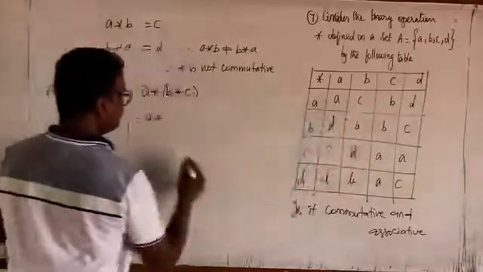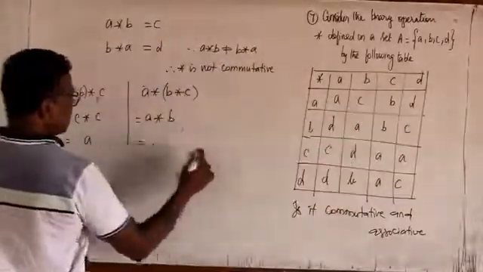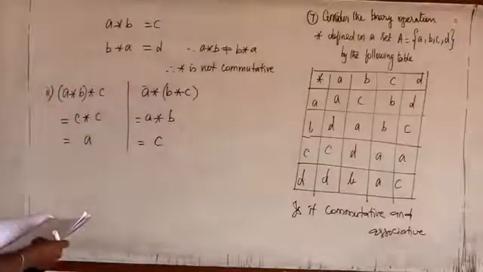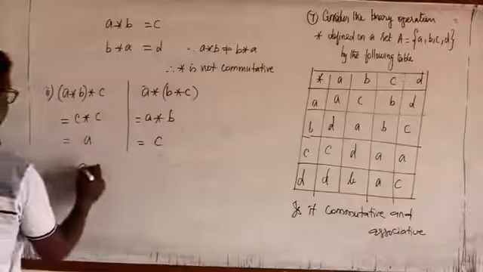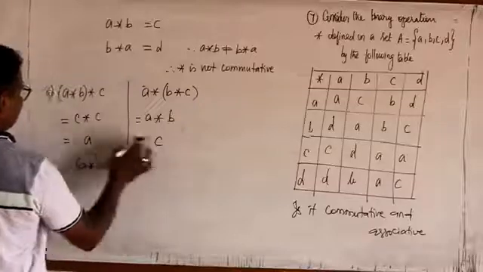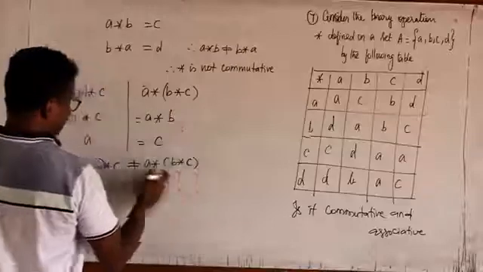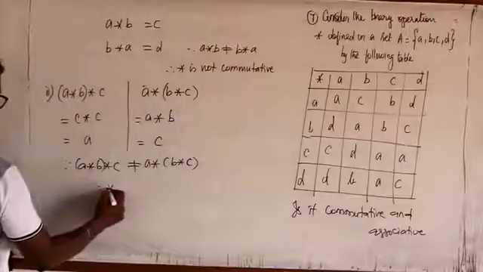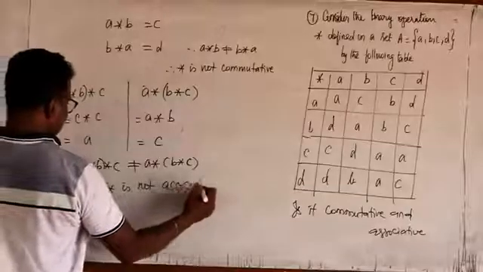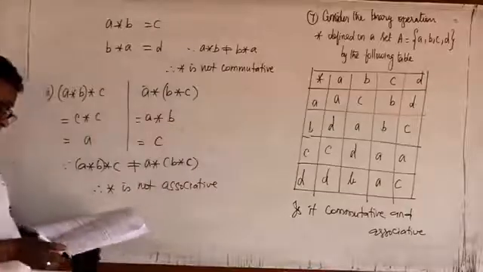B star C is B. Now A star B is C. Therefore, see, they are not equal. I am getting A here where I am getting C here. So when I reorder the bracket, I am not getting the same answer. Therefore, star is not associative. Therefore, the table does not obey both the commutative property and the associative property.